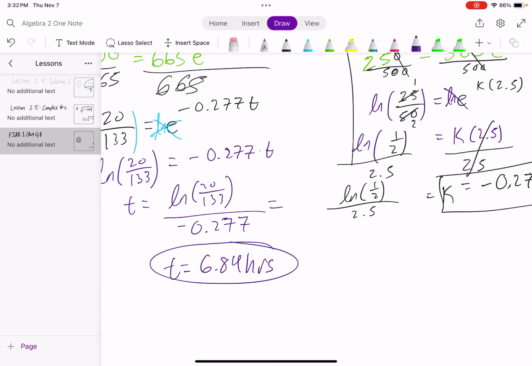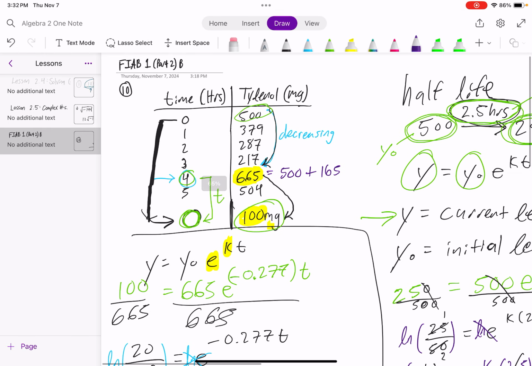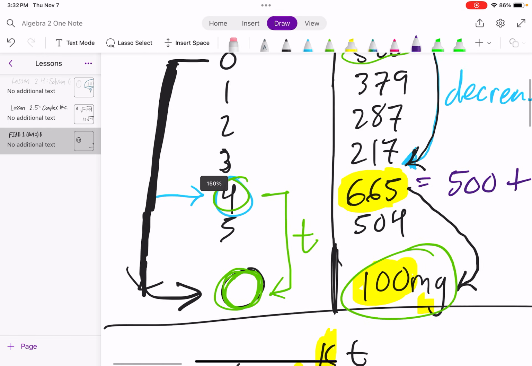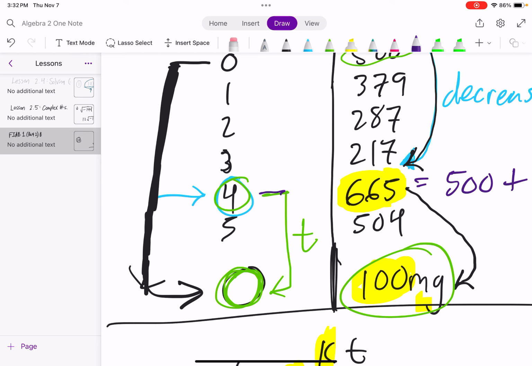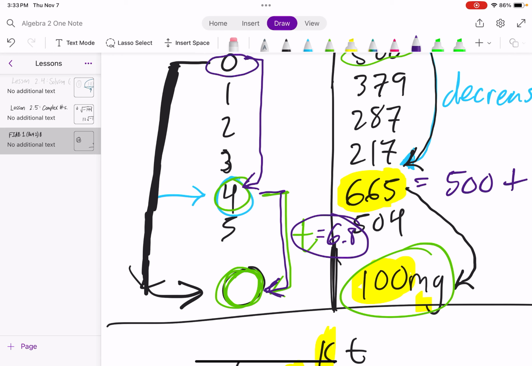I know the answer does not have 6 in it, but the time that we calculated was only from the 4th hour to the last hour, and that was 6.8. But we need to add to that from the 0 hour to the 4th hour because they wanted the time from 0.